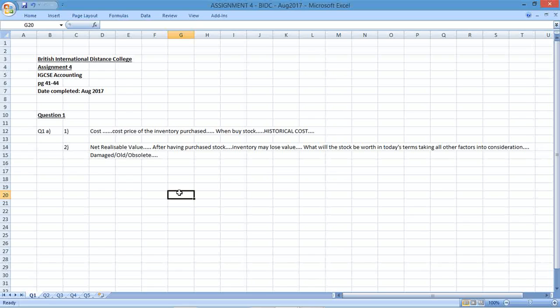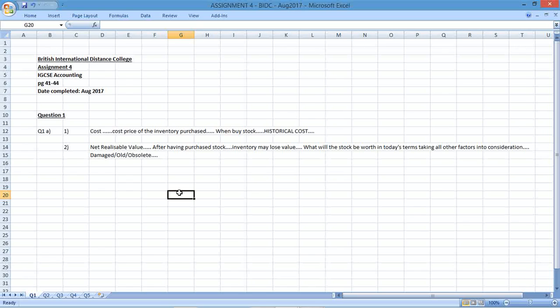So we might have to sell it at a discount perhaps, or in a worst case scenario, if those items have become very outdated, we might even have to sell those items at a loss in order to materialize cash. We don't want cash held as stock, and therefore we could consider selling it in order to improve cash flow.